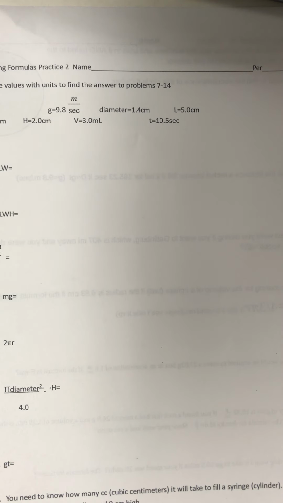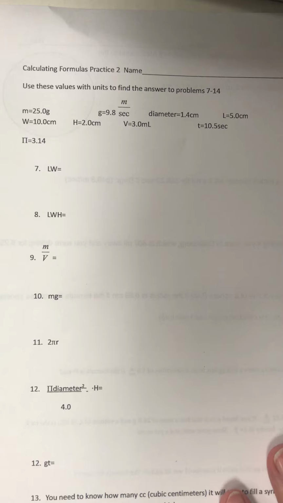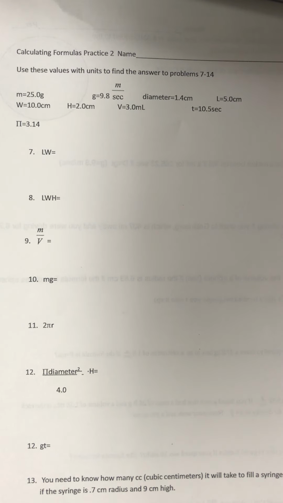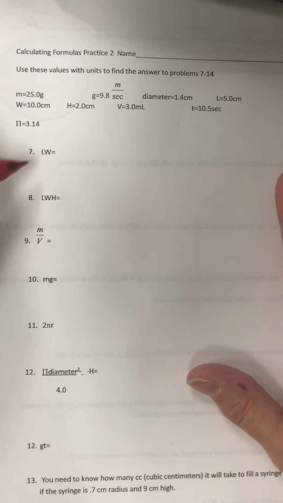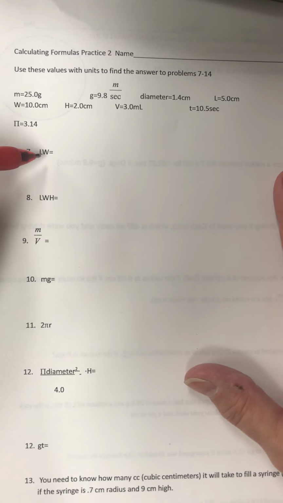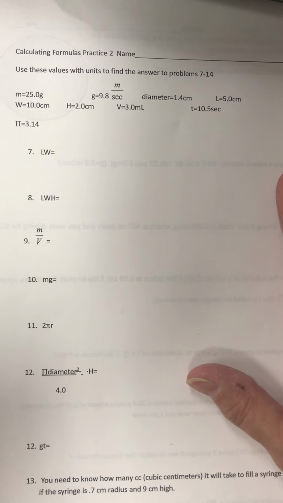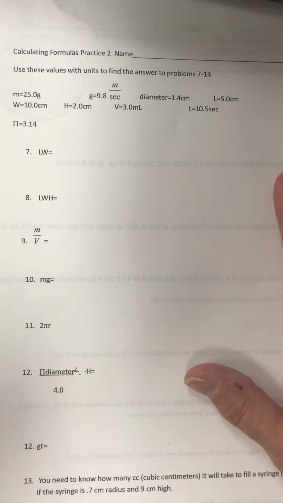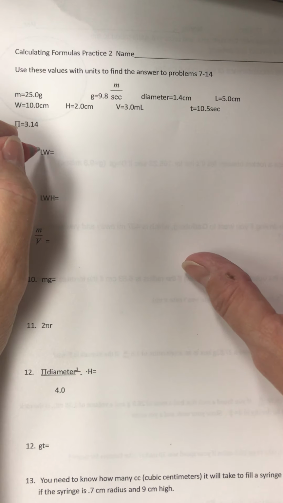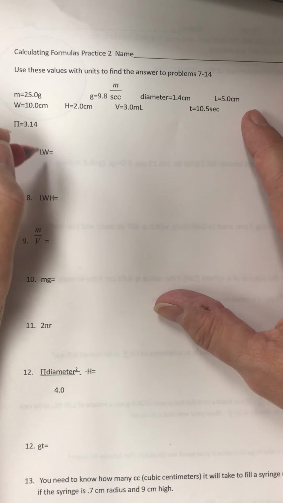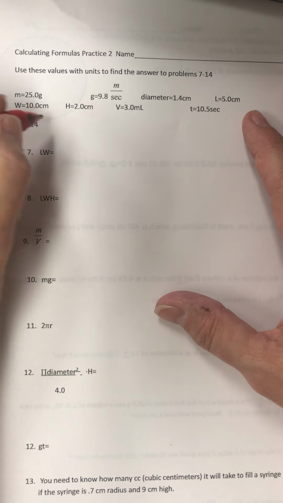So today we actually did some practice problems, and I'm going to do those here with you. The paper that you can look at is on Canvas, week 2, Thursday. The first formula says LW. That means length times width. There's no dot or times sign or anything, so LW without a sign means multiply.